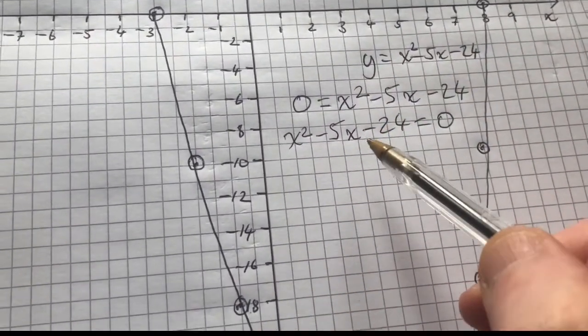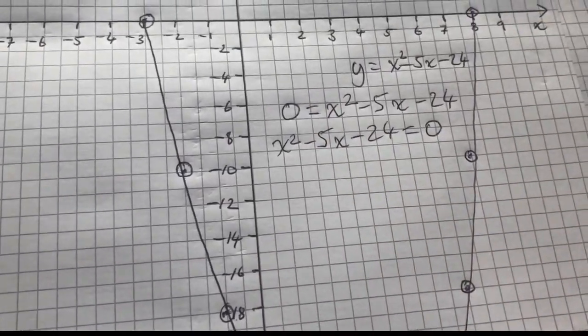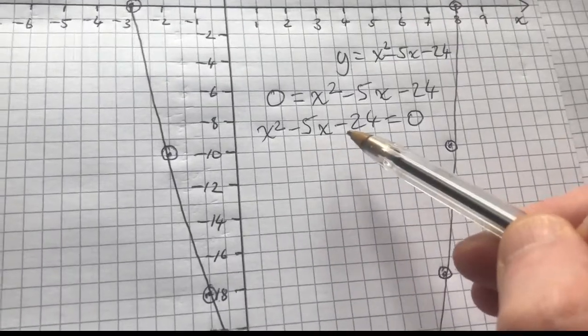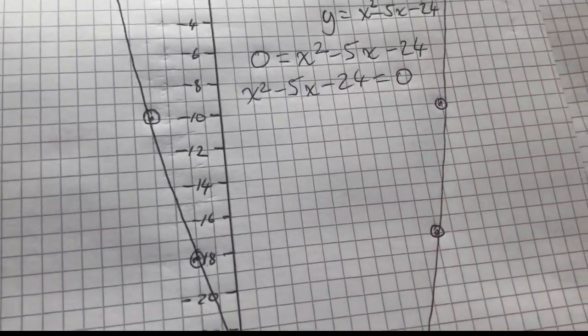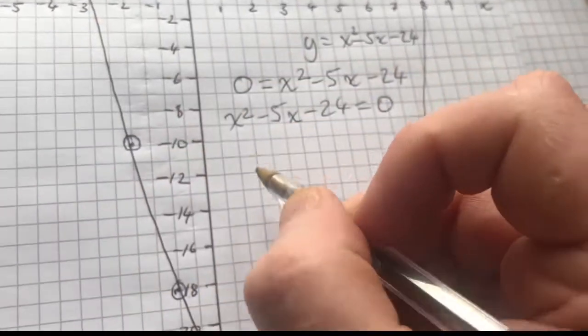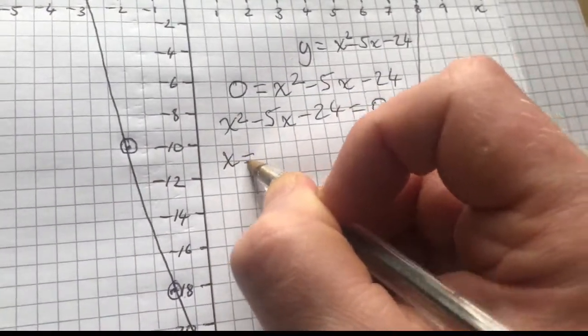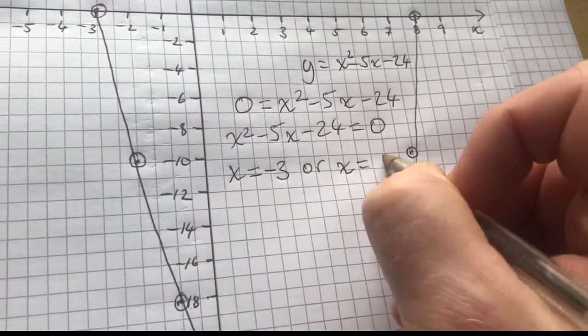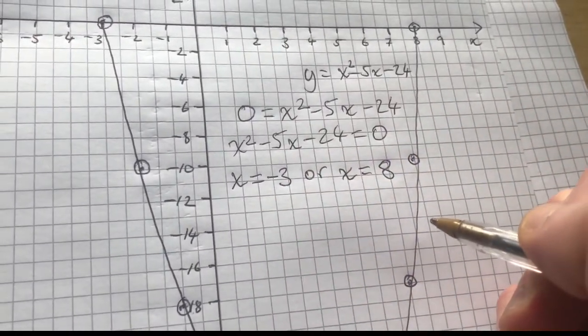So we're asking, when does this graph cross the x-axis? In other words, what are the x's that make the y 0, or that go with a y of 0? And again, we can see it here. We've got two solutions. X is minus 3 or x is 8.